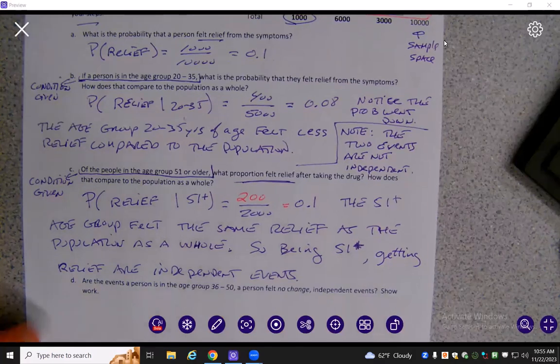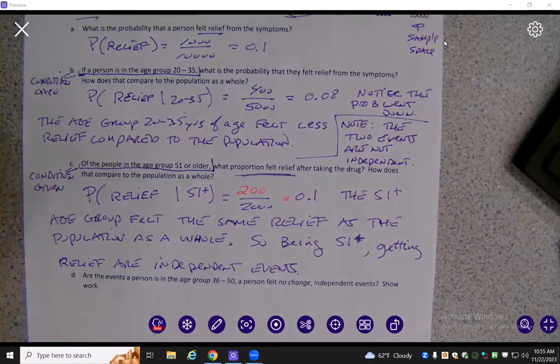That's the meaning of it. So are we good so far? Okay, good.